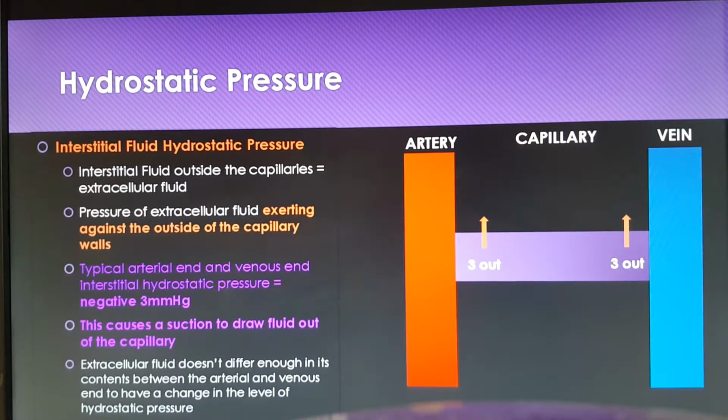It actually helps to drive fluid out of your capillaries, even though it's a force of the fluid that's on the outside of the capillaries. Again, just a reminder, hydrostatic pressure of the interstitial fluid causes a suction to draw fluid out, and that doesn't change between your arterial and venous end.